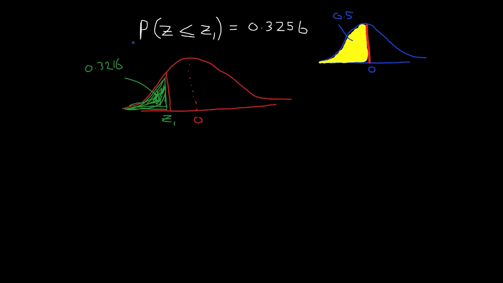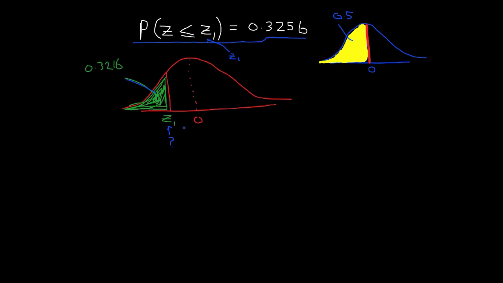Consider this example now. Probability Z less than or equal Z1 equals 0.3256. So we need to find the Z1 value. The half of the area under the curve is 0.5. Therefore, I can mark 0.3256 like this, and this is the number we are looking for.